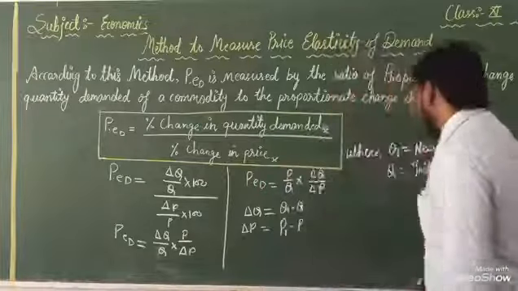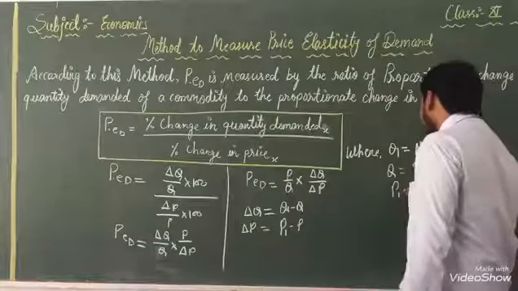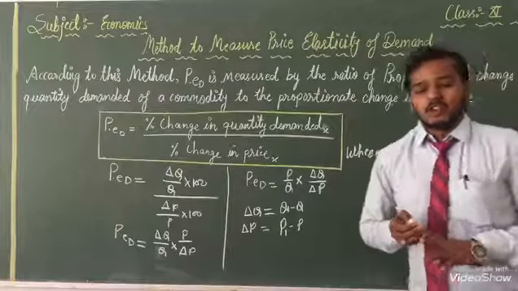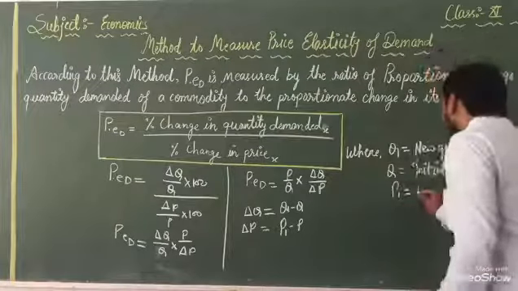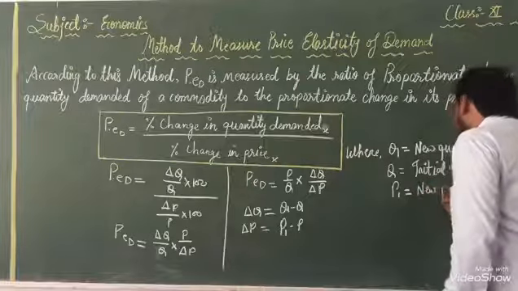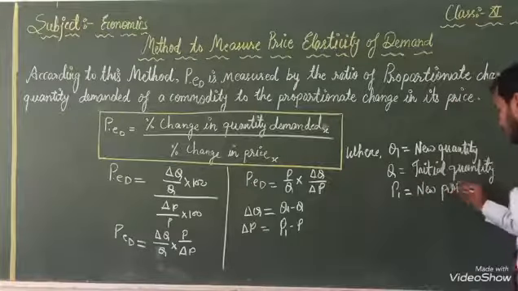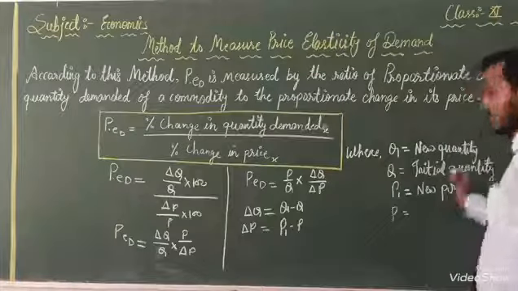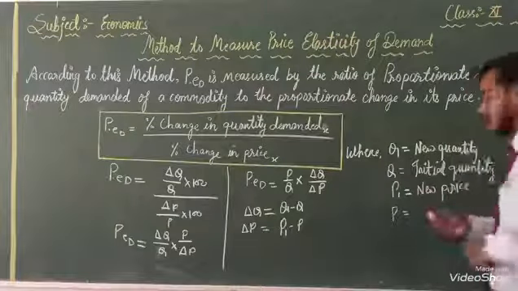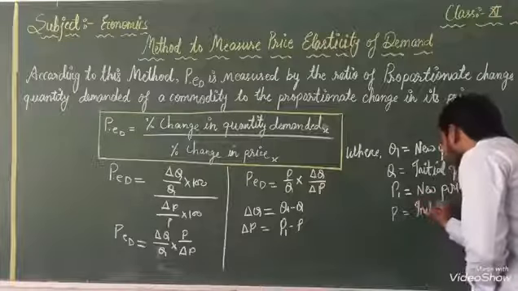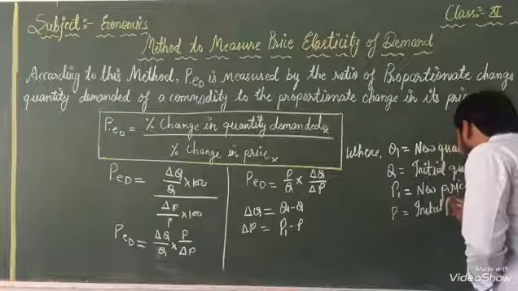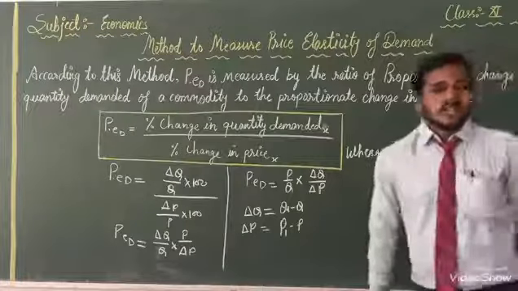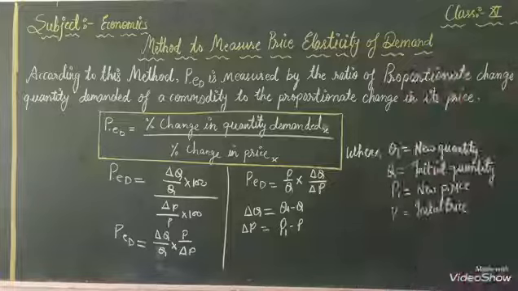Same for P1 and P: it should be given in the question, and according to that you have to solve. P1 is the new price, and P, you know very well, is the initial price. With the help of that we can solve our questions.